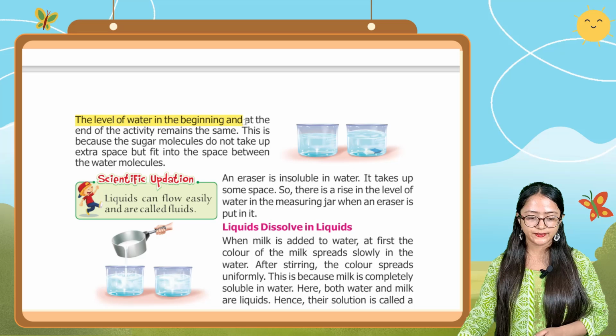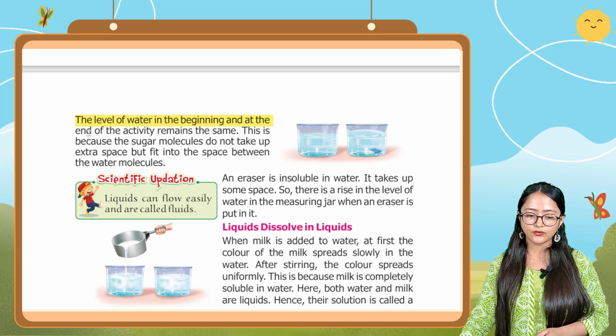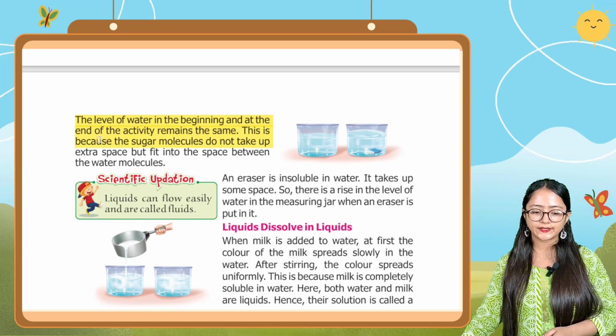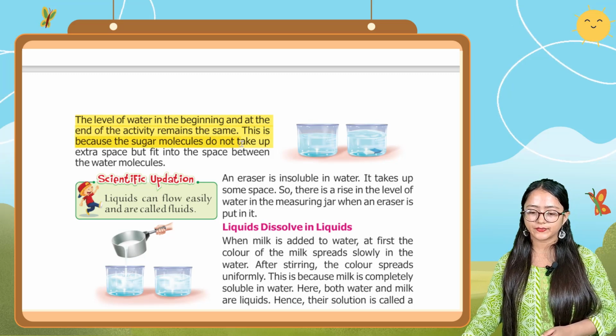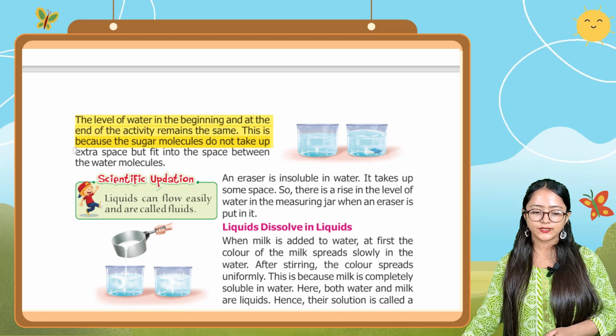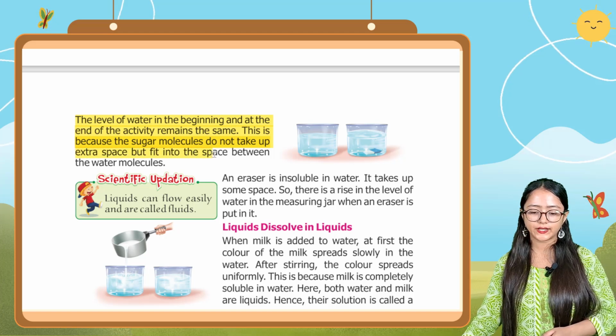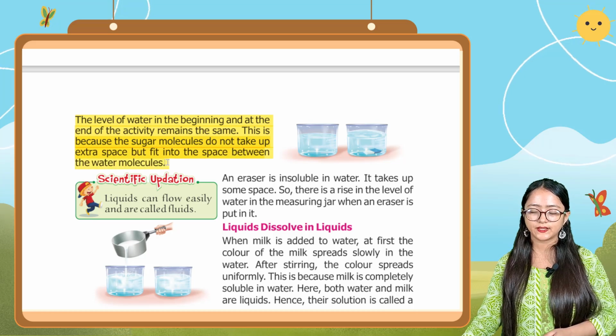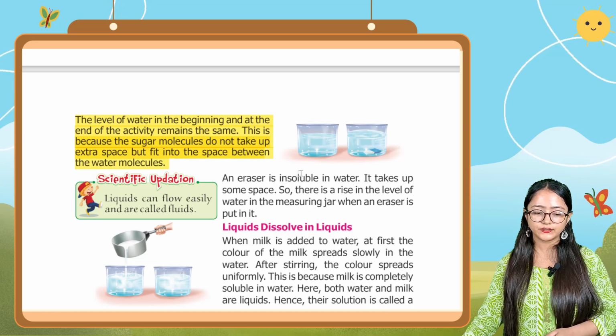Now it is saying the level of water in the beginning and at the end of the activity remains the same. This is because the sugar molecules do not take up extra space but fit into the space between the water molecules.